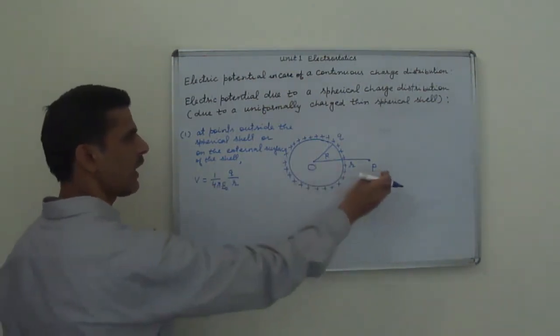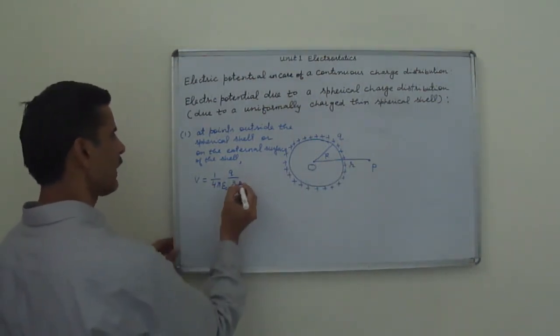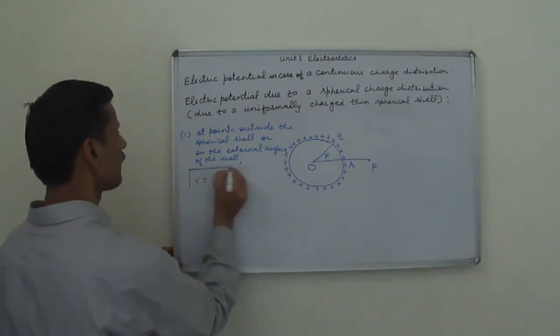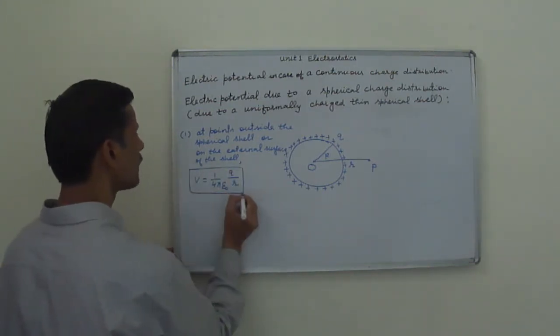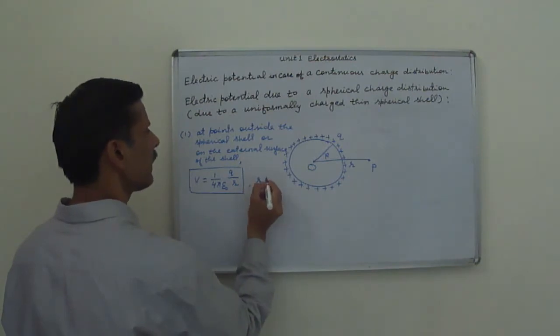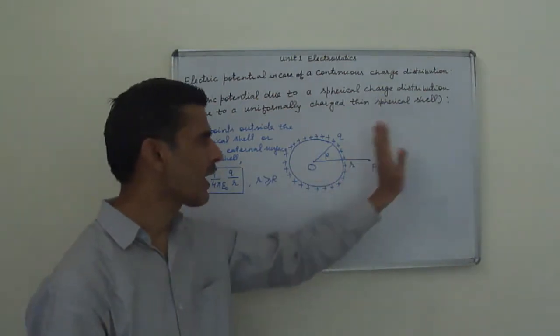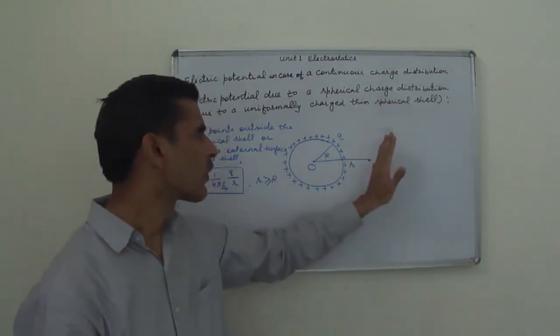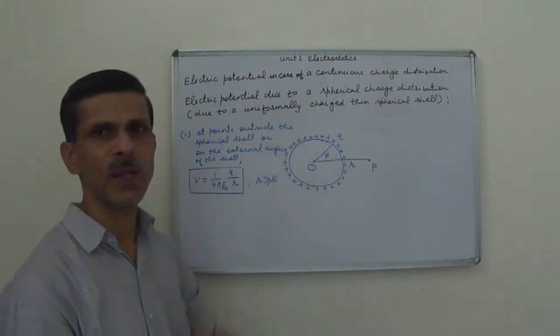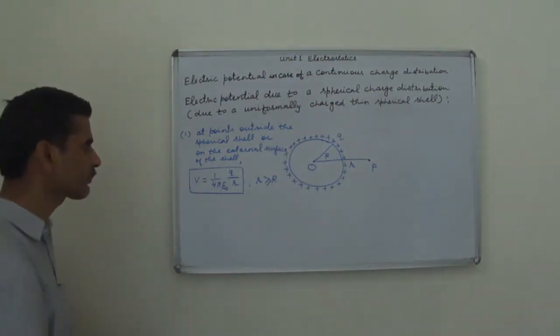So this is the potential at this point P. And this relation holds if r is greater than or equal to capital R, means points are outside the shell or on external surface of the shell.